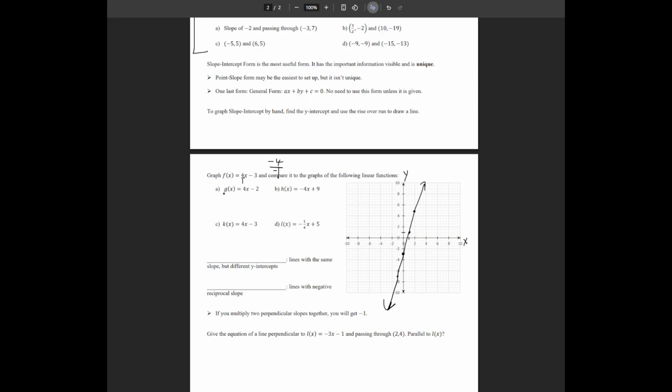Next up, if we want to graph g of x equals 4x minus 2, so instead of minus 3, we have 4x minus 2, slope, I'm going to use the same trick. I'm going to put it over 1. That way we have a number there to represent our run, how far we're going left and right. Start out at negative 2 now. We'll go up 4 units over 1, up 4 units over 1. We can also go down 4 units to the left 1.